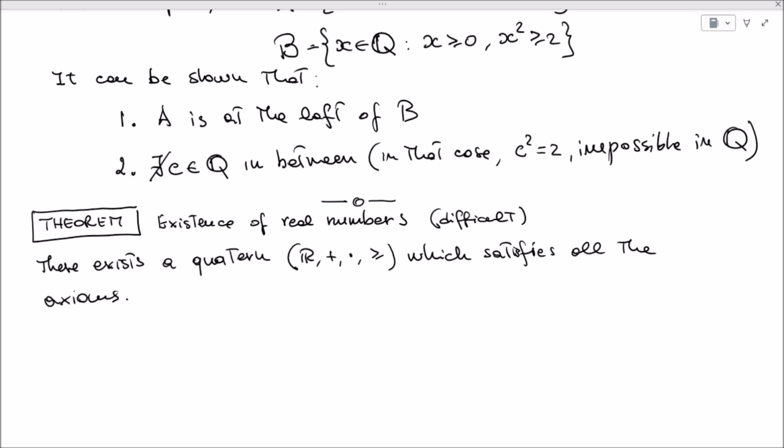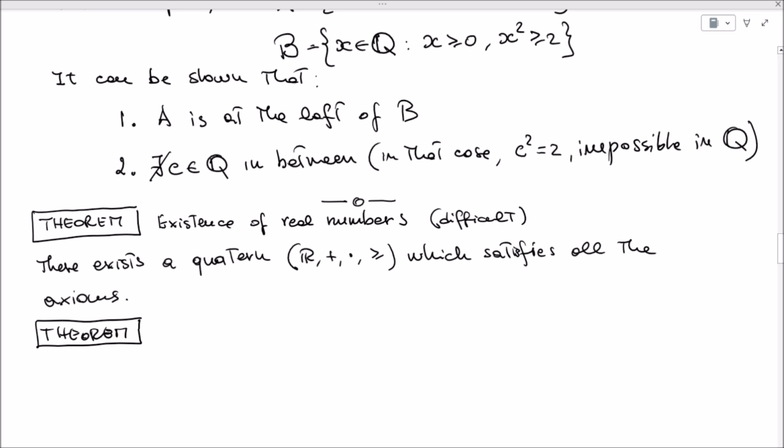So with this theorem we know that there exists a number set R that, along with the binary operations of sum and product and the ordering criterion, satisfies all the axioms. And there is another theorem that says that basically there is only one such set.